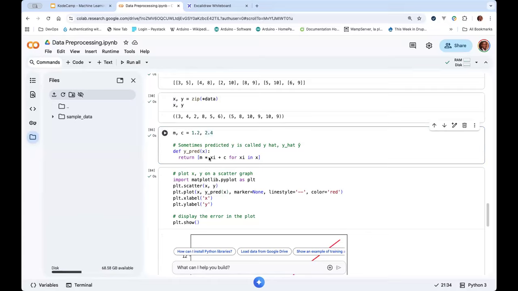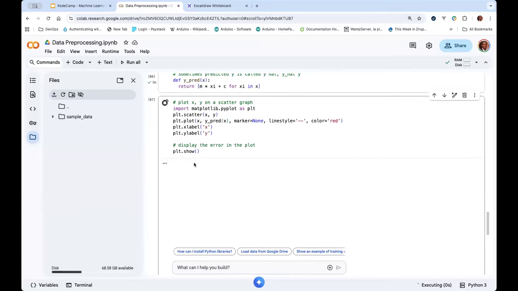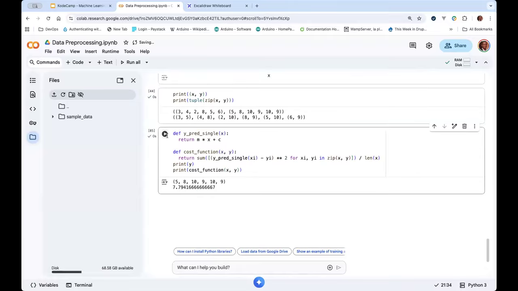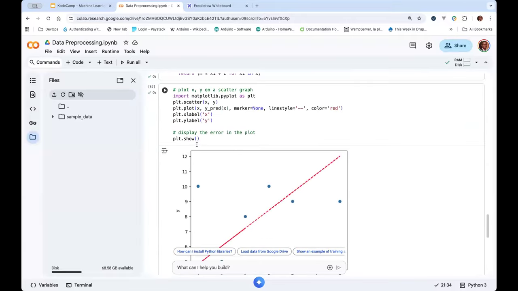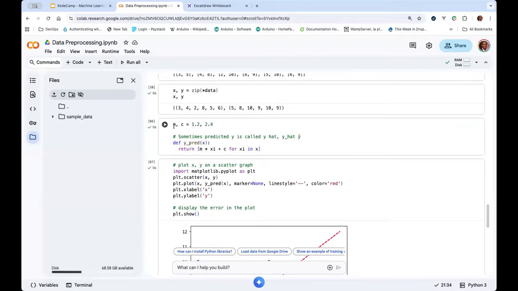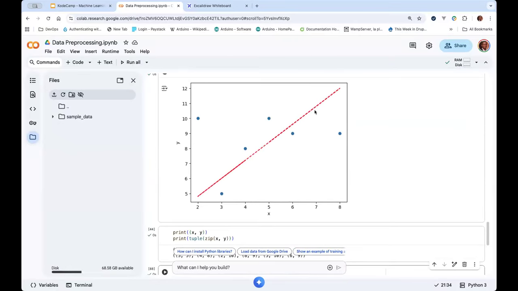So you have to do this process of adjusting, not manually, but an automated process of adjusting at a very fast rate, until you can say that these two parameters, m at 1.2 and c at 2.4, come close to the line of best fit.